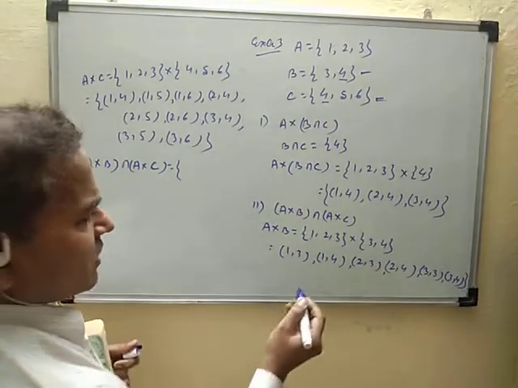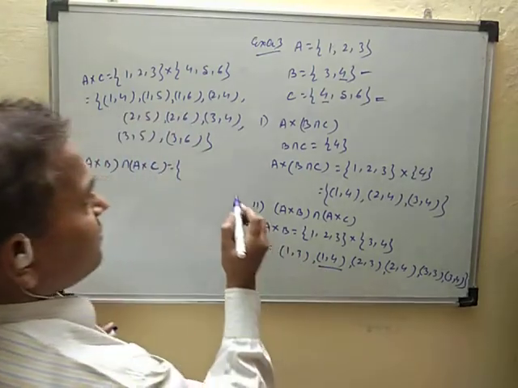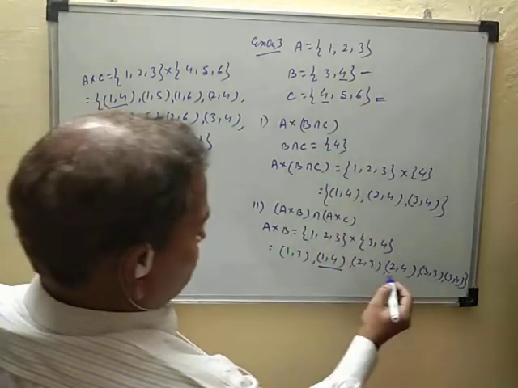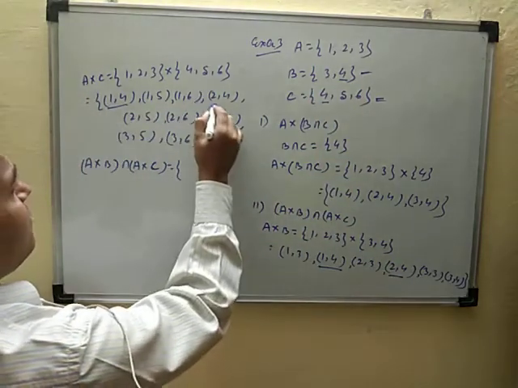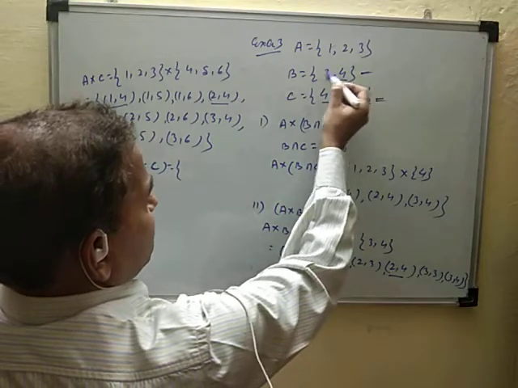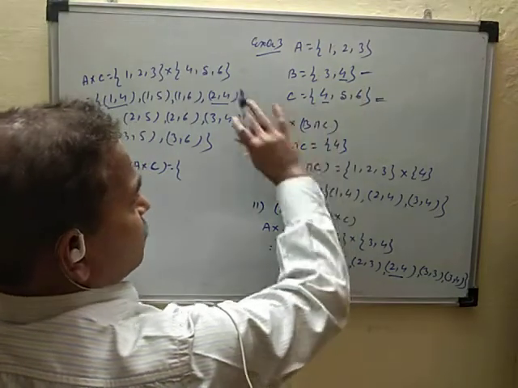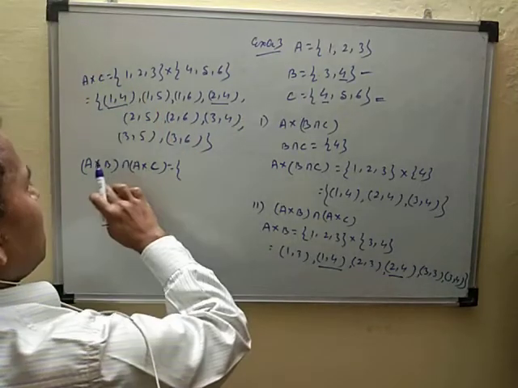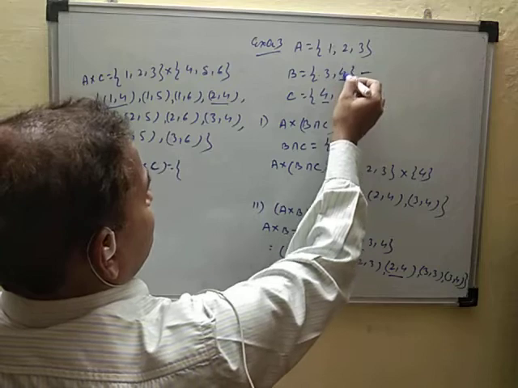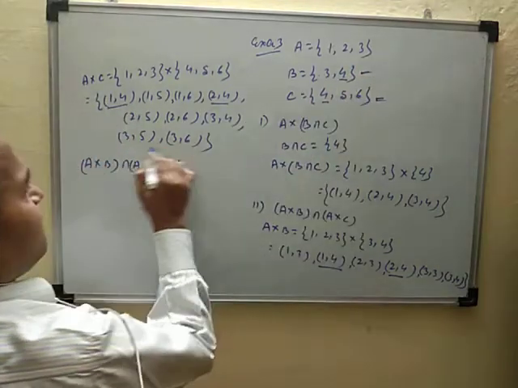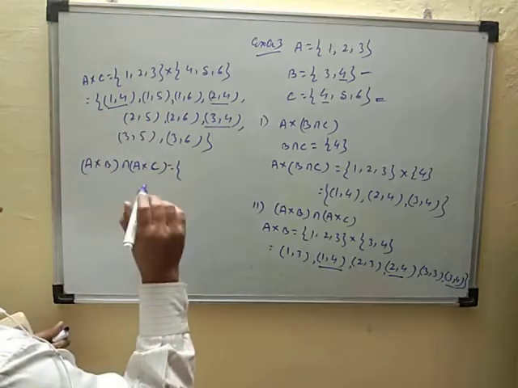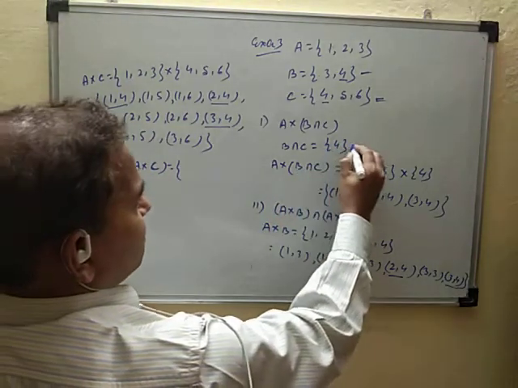So the common elements are (1, 4), (2, 4) and (3, 4). Only the common element between B and C is 4.